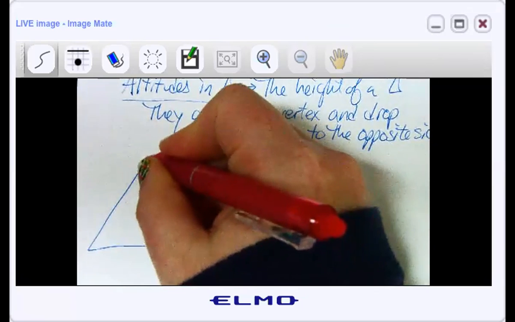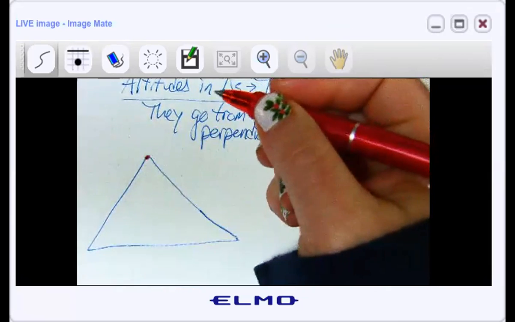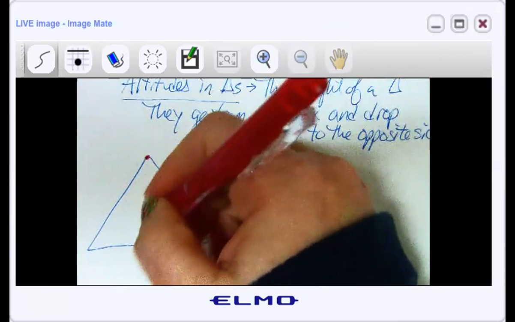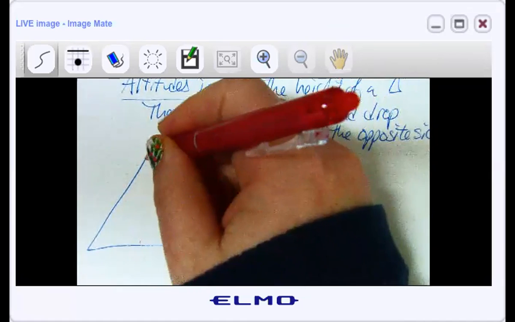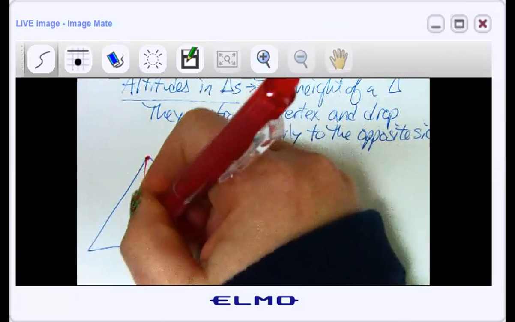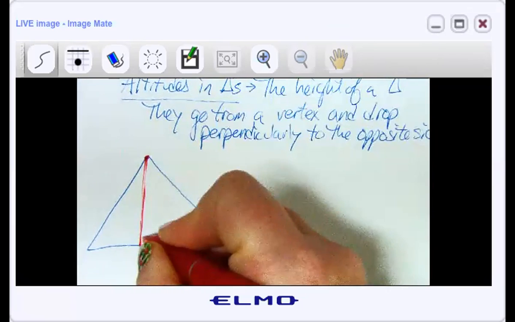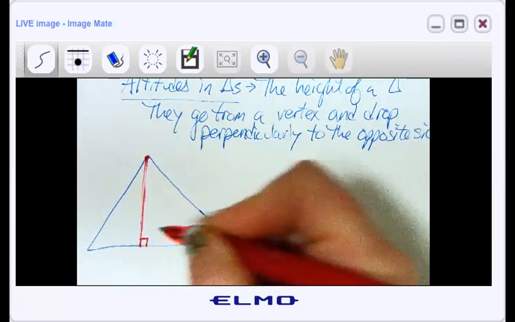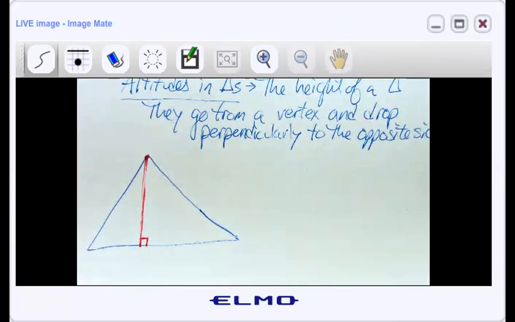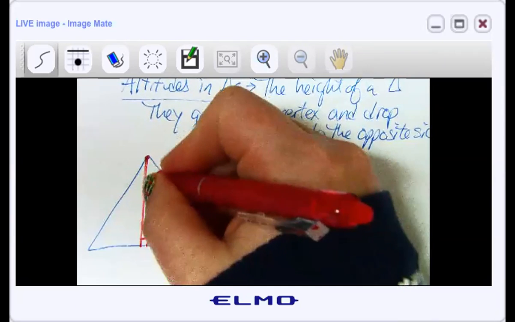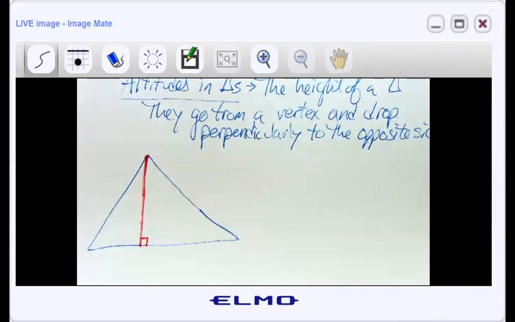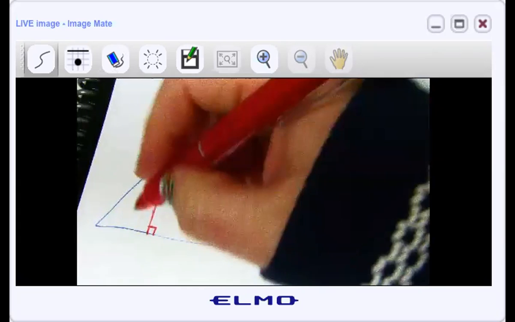So I'm just going to pick a vertex to start at, and then I'm just going to drop the line perpendicular down to the other side, just straight down as best I can, though I kind of messed that up. And it's very important that you mark it as perpendicular, because if you don't mark it as perpendicular, then I don't know that it is, right? So that red line that we just drew, that would be referred to as an altitude. Okay, so let me come in here and write that.